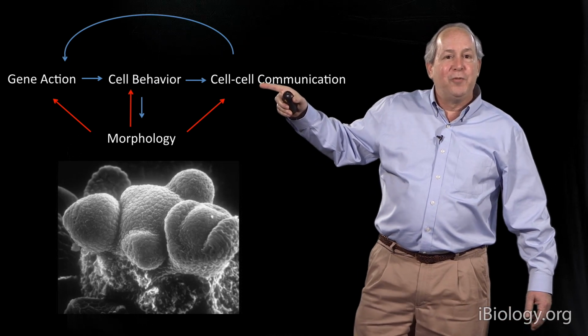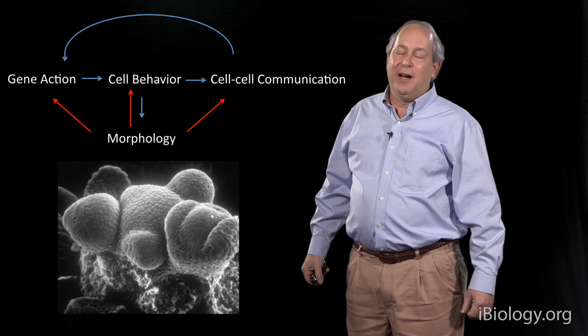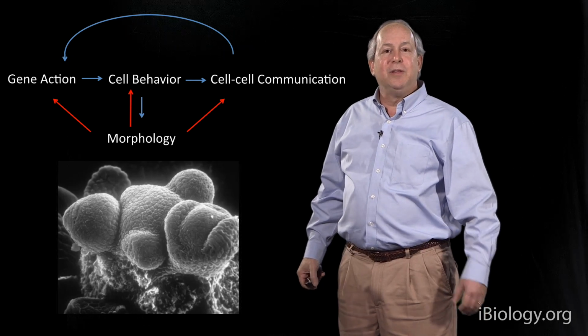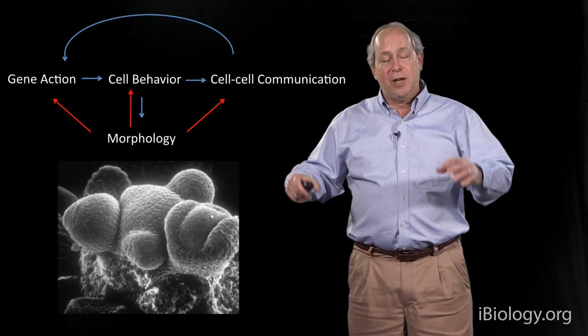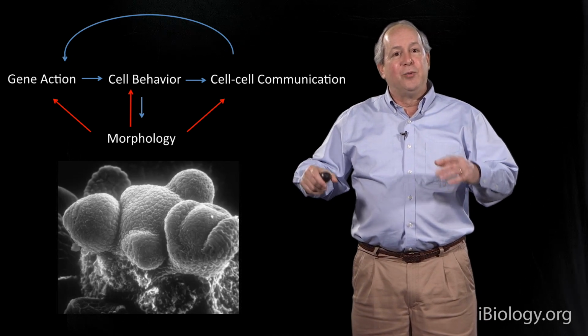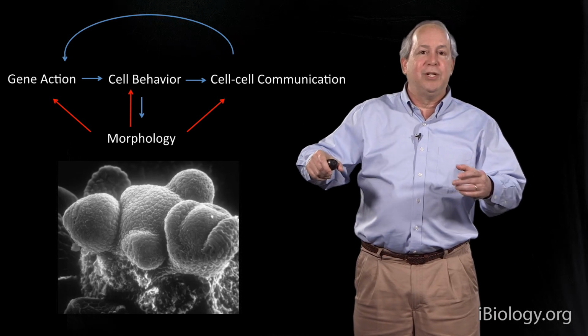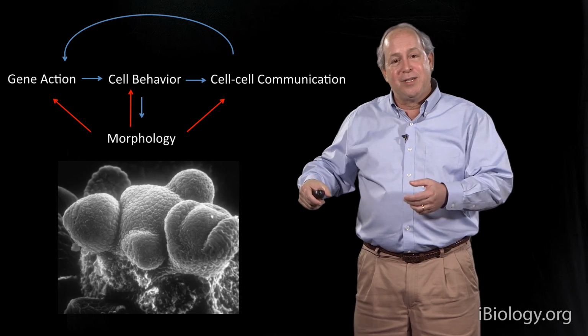So we go from the old-fashioned view of development as something that's played out in a genetic hierarchy to something where there's an interplay between the physical state of the cells and the physical state of whole tissues, the shape of the cells and the tissues, and the rates of expansion of the cells in the tissue that themselves control gene action and cell behavior, which in turn control the stresses in the tissue.